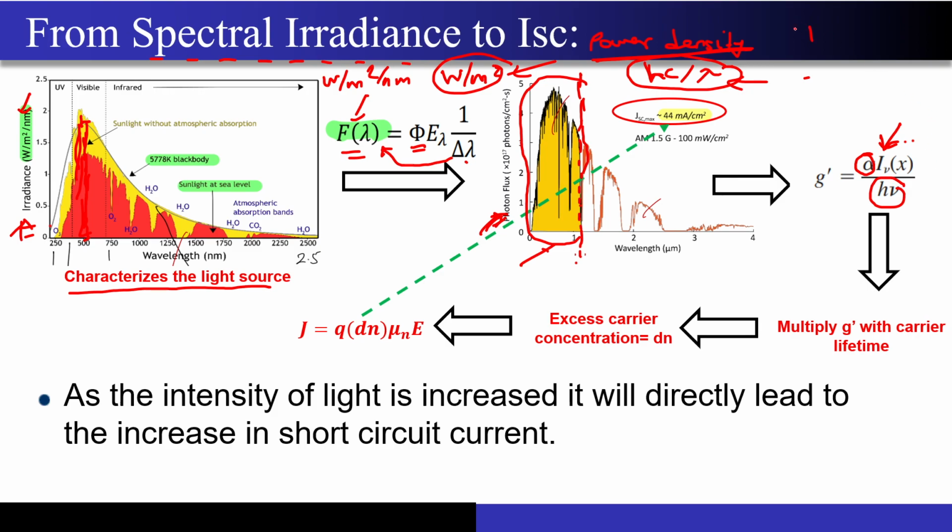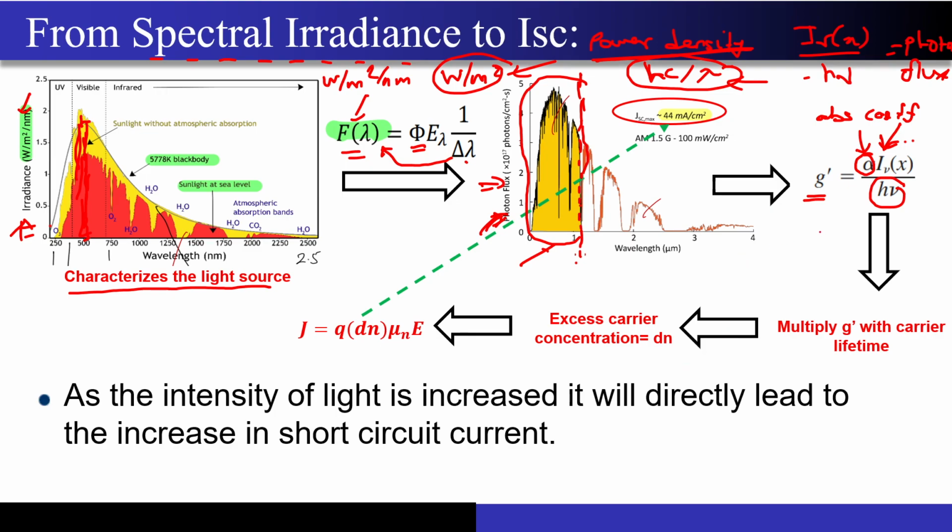You can also consider I of x by h nu as the photon flux, so you don't have to multiply by the energy. If I multiply the photon flux by the absorption coefficient, I get G dash, the generation rate of electron hole pairs.